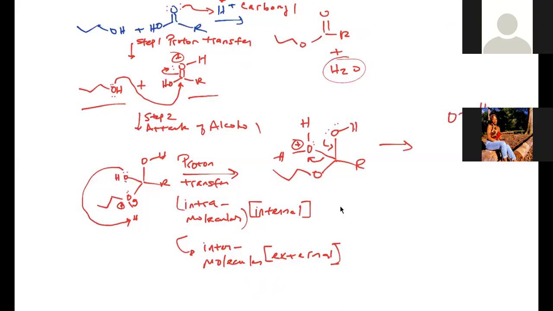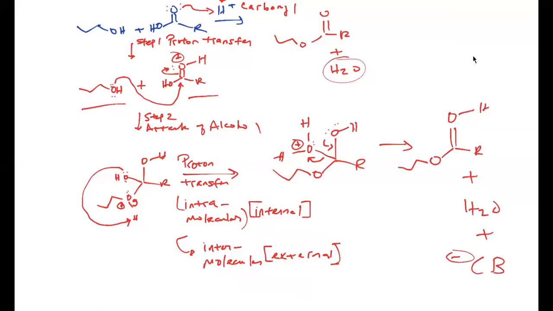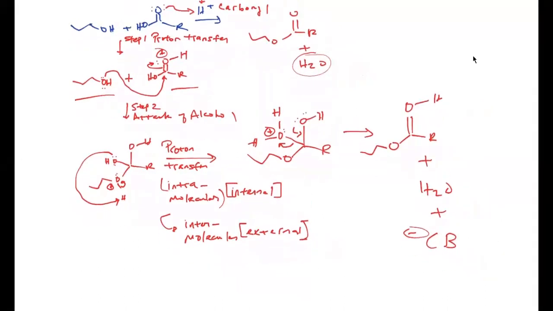It's not the final product, but we're close. And I'm going to put down here plus conjugate base. All right, so how do I get to the final product, the ester, which I have drawn up here? What do I need to do?